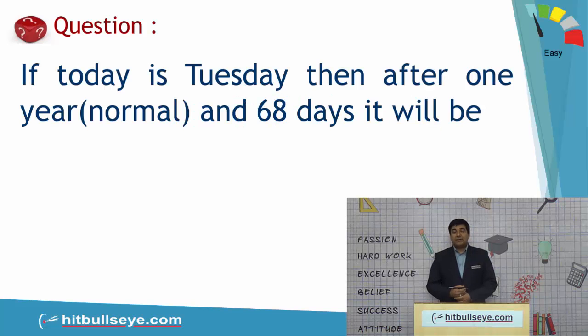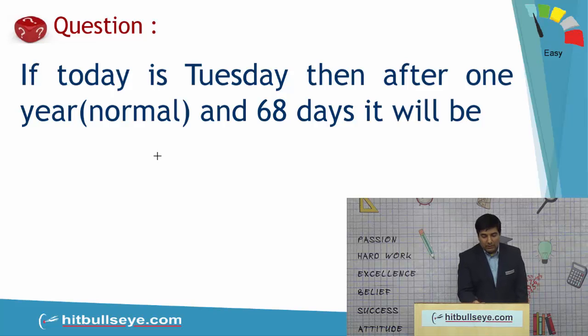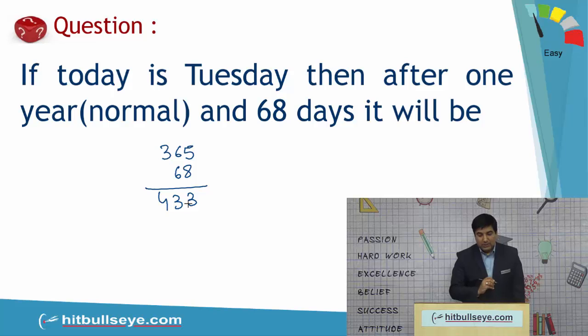Next question is, if today is Tuesday, then after 1 year, taking a normal year, and 68 days, what day of the week will it be? Let's have the calculation. A normal year has 365 days and we have 68 more. This totals up to 433 days.